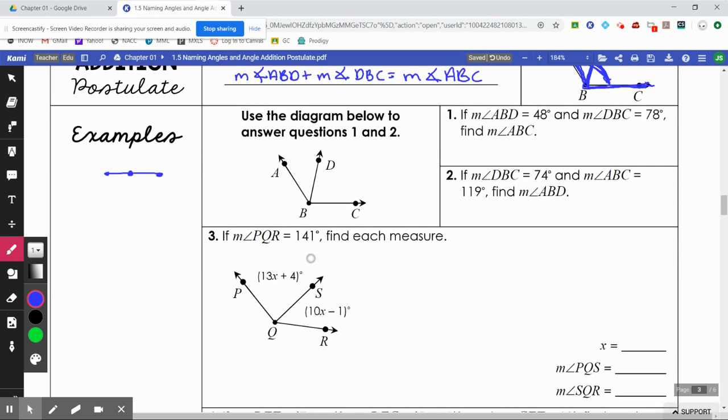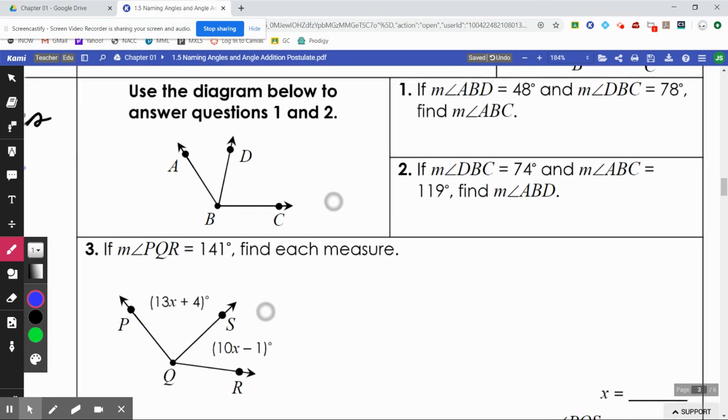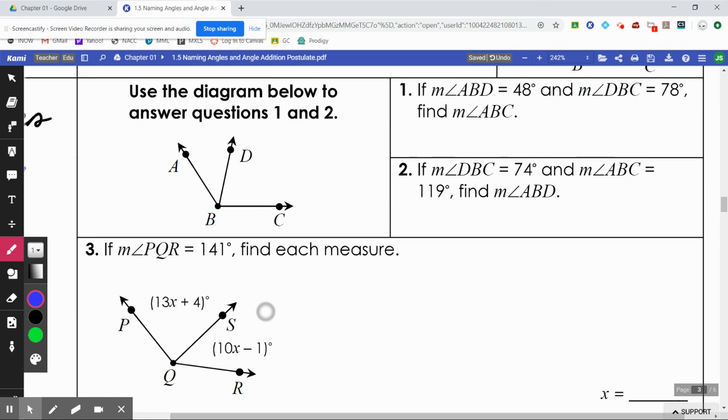So, examples. Use the diagram below to answer questions 1 and 2. Let's zoom in just a little bit. The measure of ABD is 48 degrees. So what does that mean? You started here, you opened your door 48 degrees. DBC is 78 degrees, so you opened your door further, from here to here, 78 more degrees.